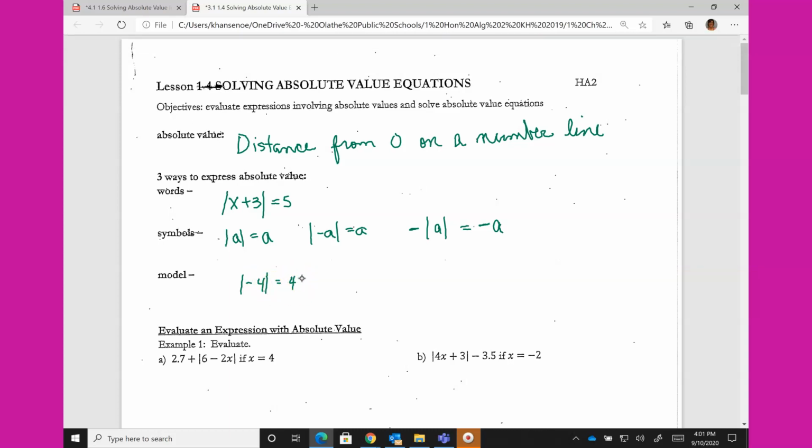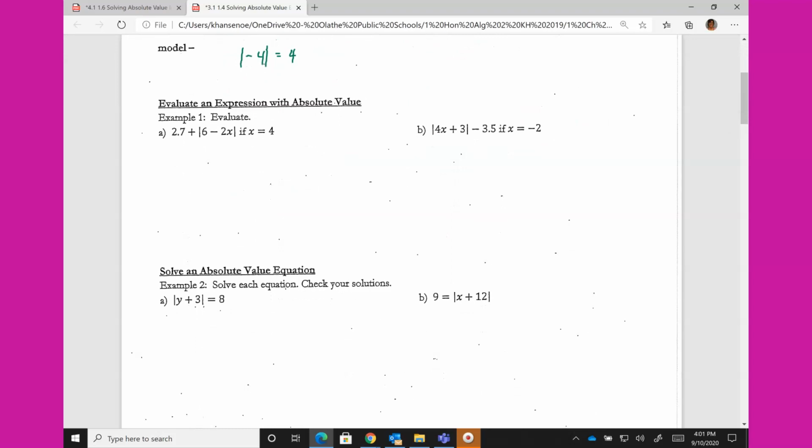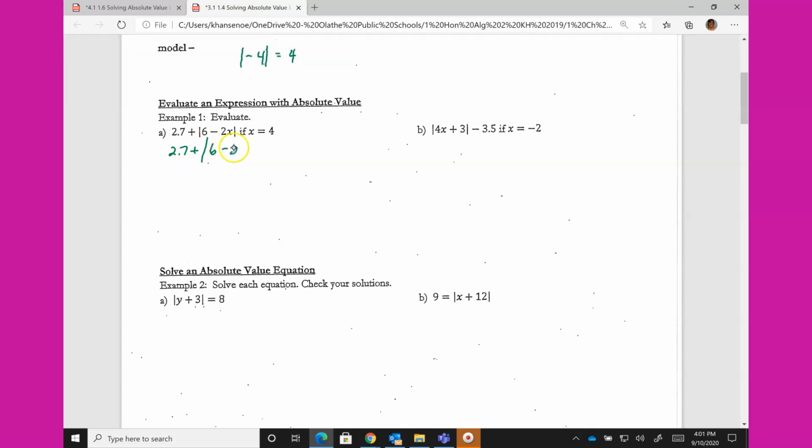All right, so let's look at an actual problem. This is an expression, so we're evaluating an expression. Remember, if we're evaluating an expression, that means you're actually going to have an answer. I'm going to have 2.7 plus absolute value of 6 minus 2 times 4, because I just plugged in 4 for x.